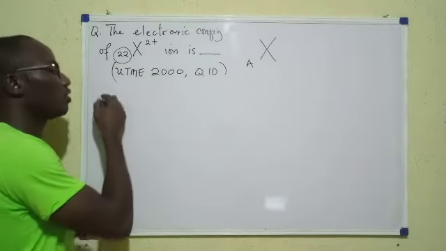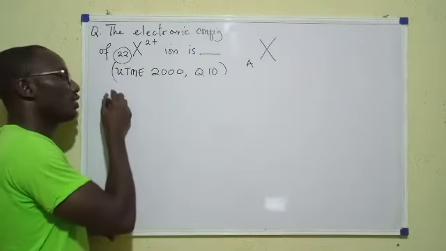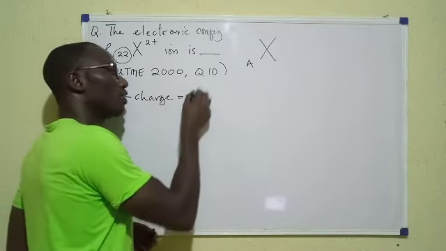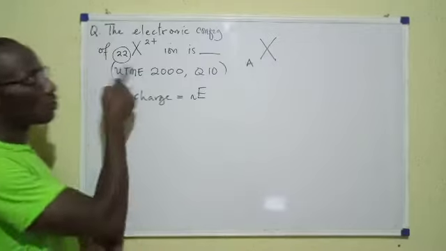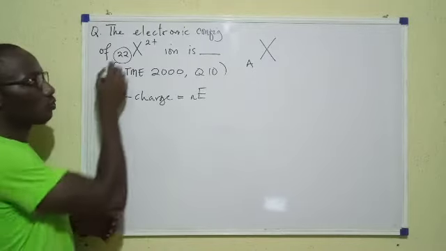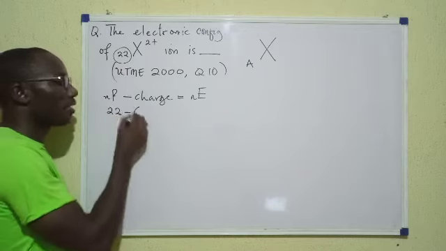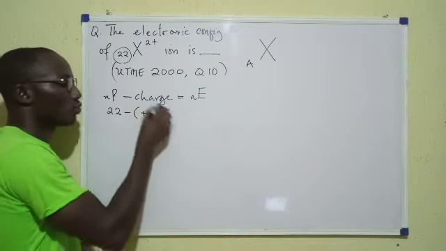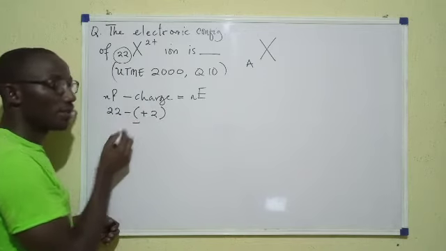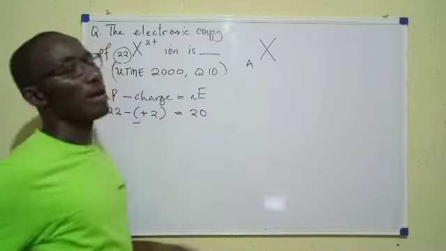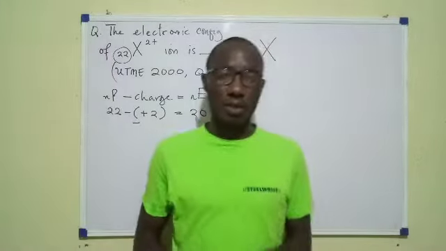And in the previous video, we already said that number of protons minus charge will give us number of electrons. So in this case, the number of electrons will be 22 protons minus the charge, plus 2. So that minus times plus is minus, and 22 minus 2 gives us 20. So we have 20 electrons to deal with.